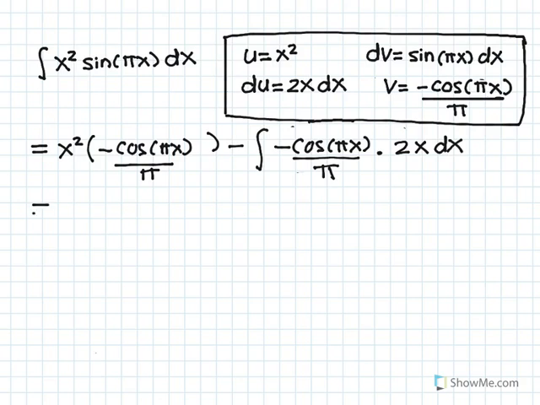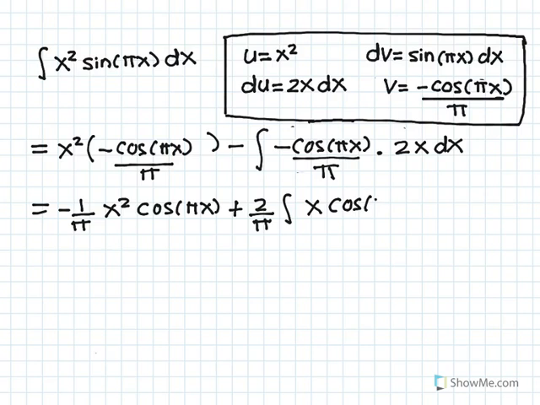Let's simplify this a little bit. We get negative 1 over pi x squared cos of pi x, minus minus cancels out, that gives us a plus. The 2 is a constant, passes through the integral, so 2 over pi, the whole thing can come out. We get plus 2 over pi integral x cos of pi x dx.